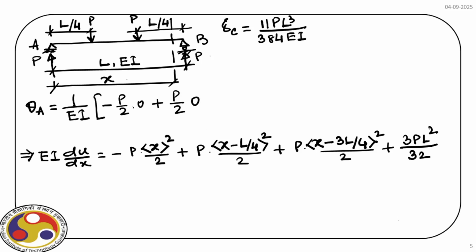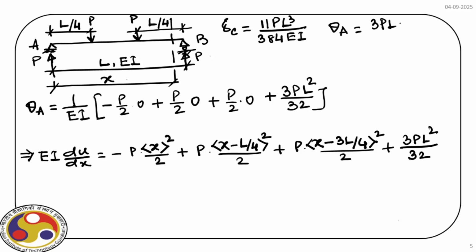So again we have 0 here, plus third term again we have 0 because we have negative within the Macaulay's bracket, plus 3P L square divided by 32. That means theta A is equal to 3P L square divided by 32 EI.